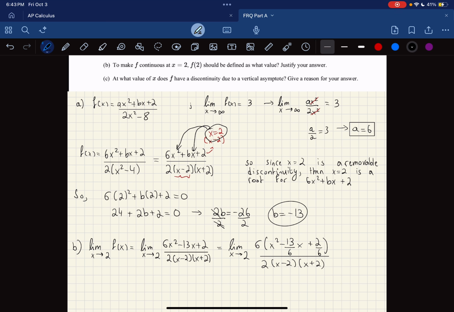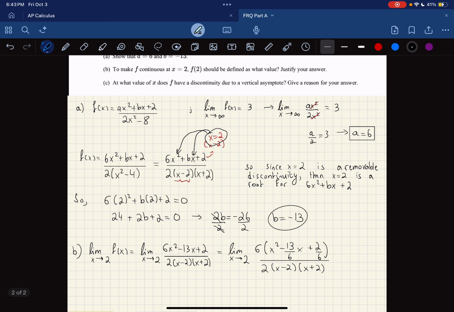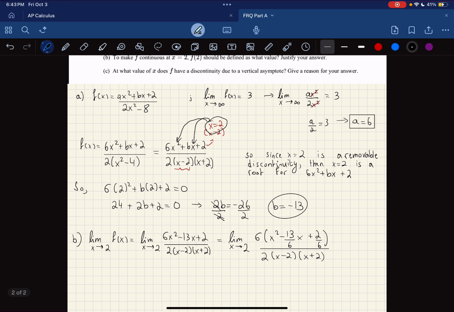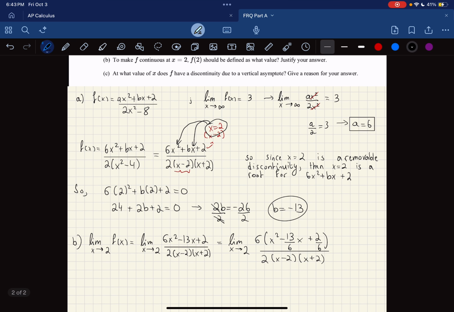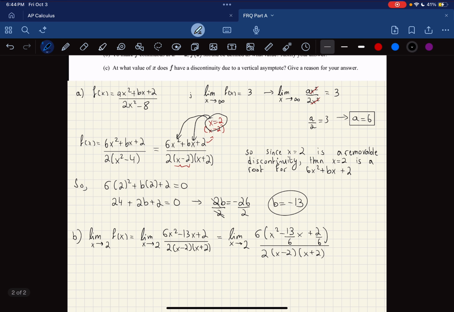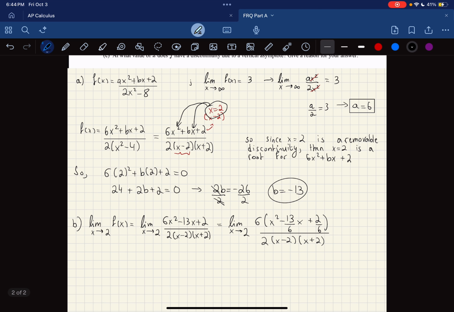So now, using a scientific calculator, we can find the roots. All right, let me just find my calculator. Okay, so A is 1, B is negative 13 over 6, and C is basically 2 over 6.